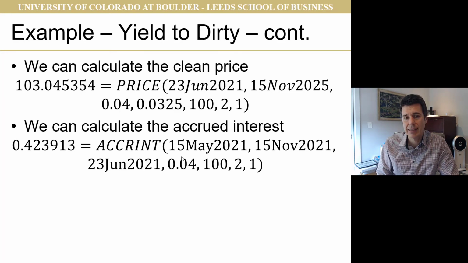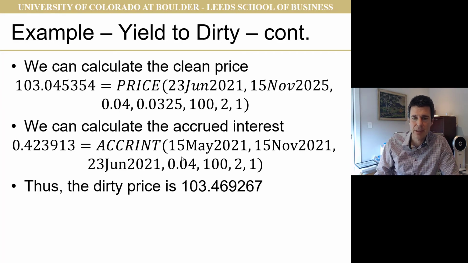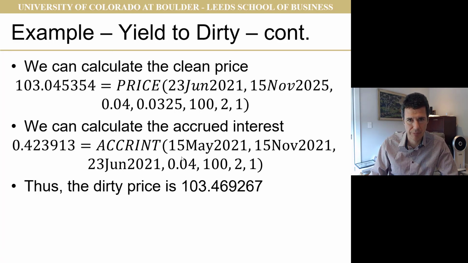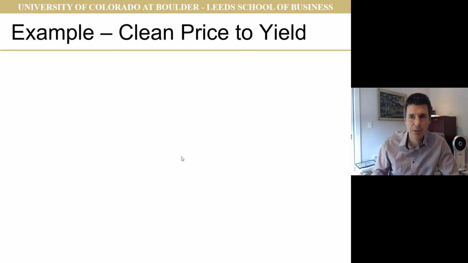Settlement date, 23rd June 2021, coupon rate 4%, par 100, frequency 2, basis 1, 0.423913. We add them together, 103.469267. So we can take a yield, calculate a dirty price by adding in the accrued interest to the clean price. We can take a clean price and go to yield.